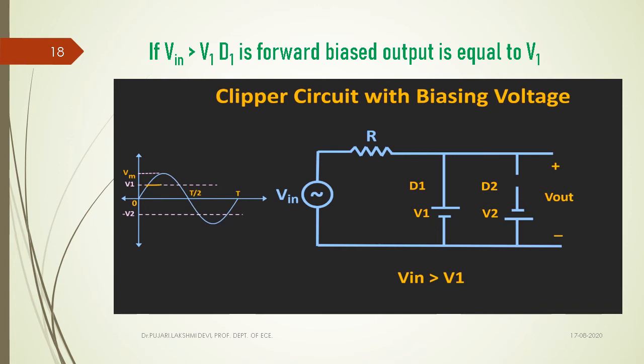That's the reason D1 becomes forward biased. If it is forward biased, it acts as a closed switch. The other diode still acts as an open switch because until this point it is in reverse bias only.